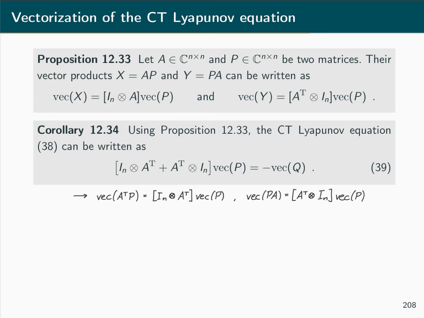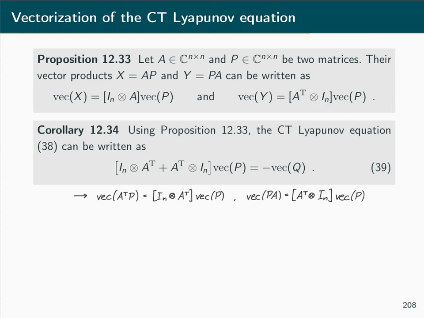By vectorizing the single terms in the Lyapunov equation, we see that the vectorization of A transpose P by this property here is equal to the Kronecker product of In with A transpose times the vectorization of P. And by this property here, the vectorization of PA is equal to the Kronecker product of A transpose with In times the vectorization of P.